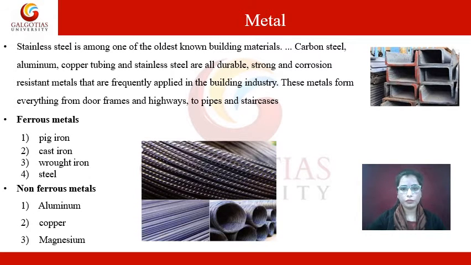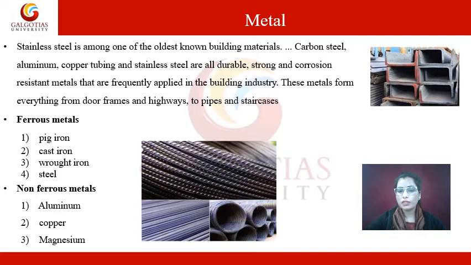Now the next building material is metal. Stainless steel is among the oldest building materials. Carbon steel, aluminium, copper tubing and stainless steel are durable, strong and corrosion resistant metals that are frequently applied in the building industry. These metals form everything from door frames and highways to pipes and staircases.